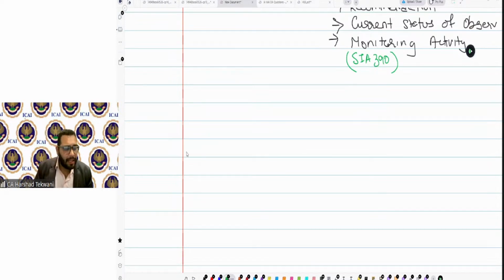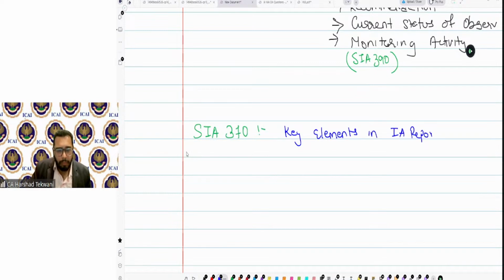So SIA 370 prescribes minimum or key elements that should be there in the IA report. Those are: one, an overview of the objectives, scope, and approach of the audit assignment.